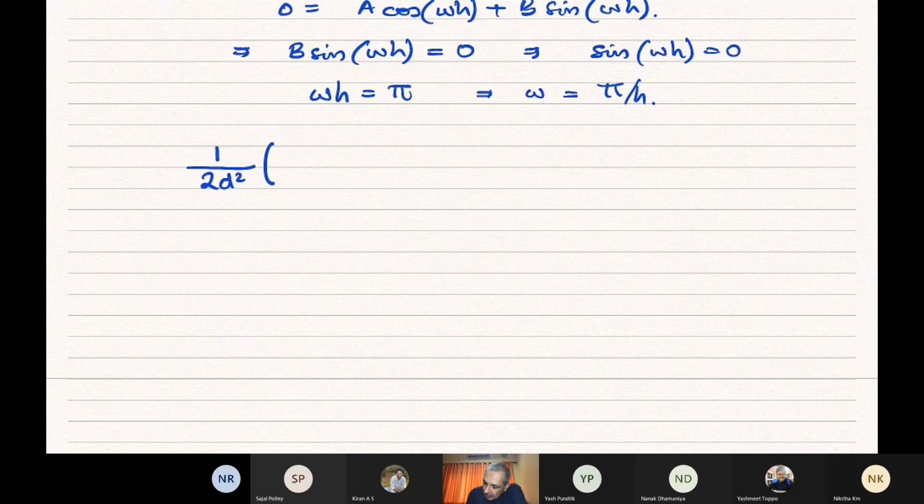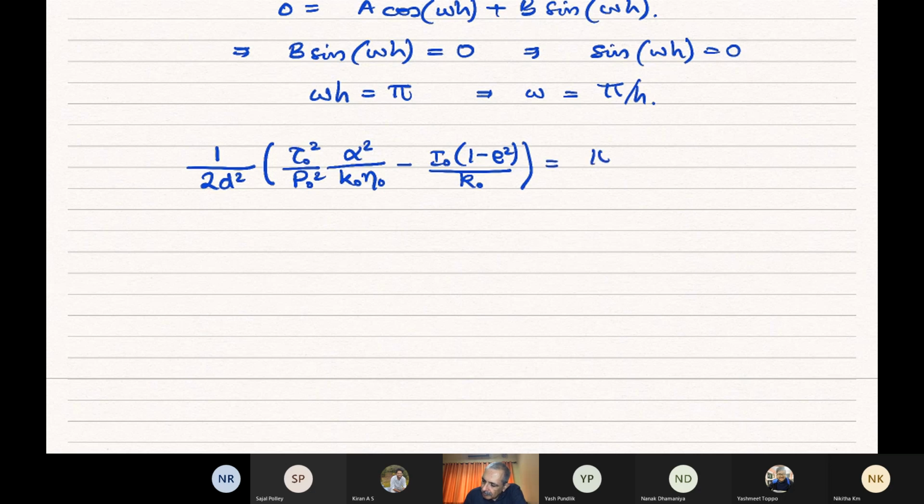So you just get this tau 0 squared by p0 squared into alpha squared divided by k0 eta 0 minus 1 divided by k0 is equal to pi squared by n squared.